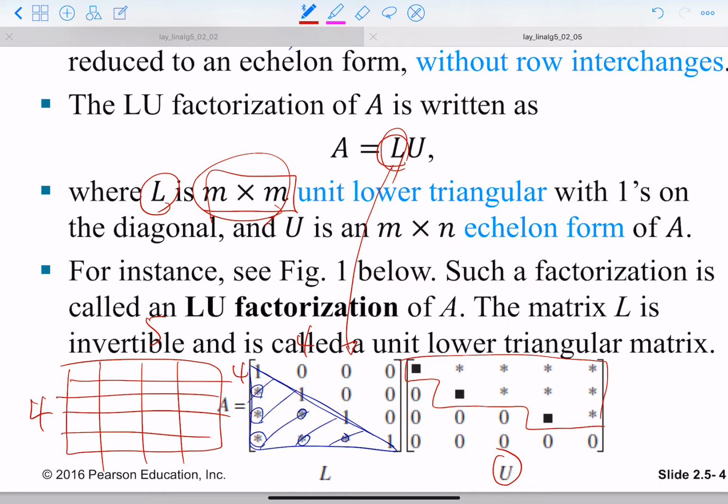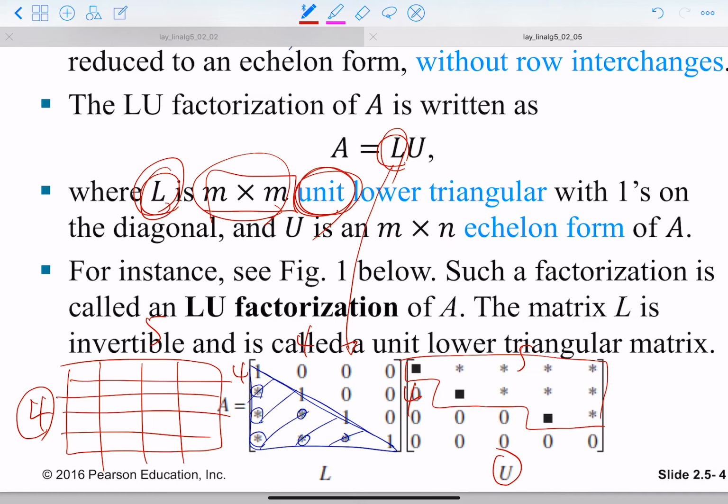And what about U? To make the product the same size as A, U should be a 4 by 5 matrix. So L is a square matrix with the dimension of the rows of the input matrix, and U has the same size as the input matrix A. One last condition: L is a lower triangular matrix, but it is called a unit lower triangular matrix.